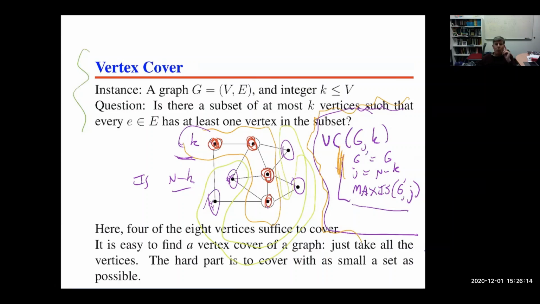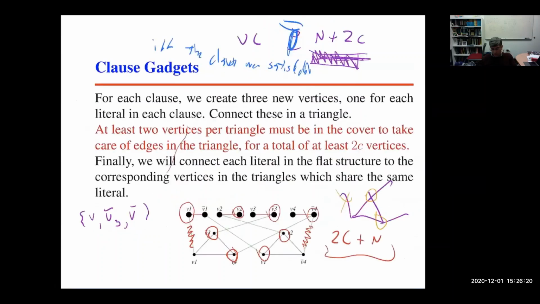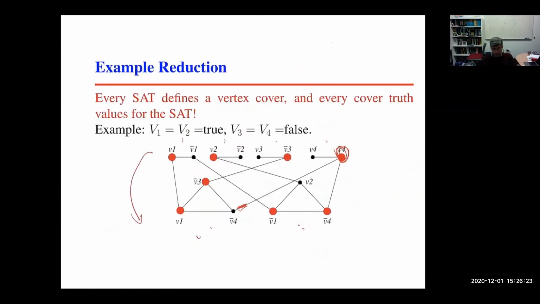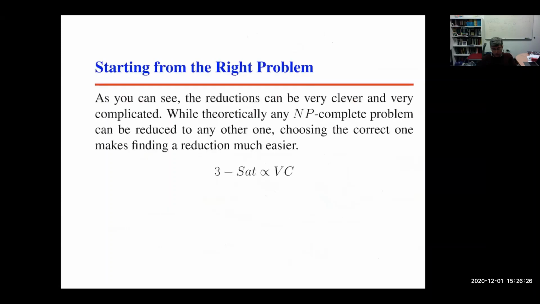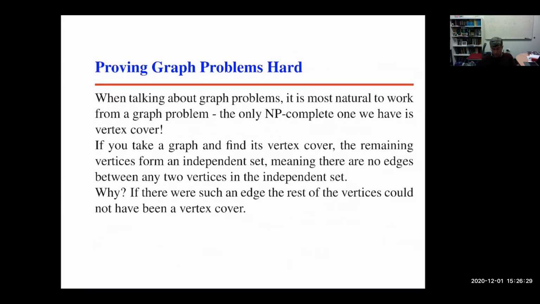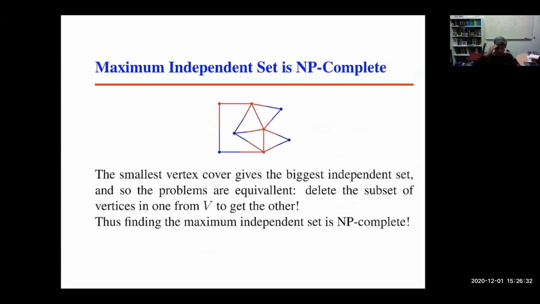Any questions now about why maximum independent set has to be hard? Actually, hold on. Basically, if you are given a vertex cover, where was my vertex cover? Here. In this particular example, this and this and this is my vertex cover.